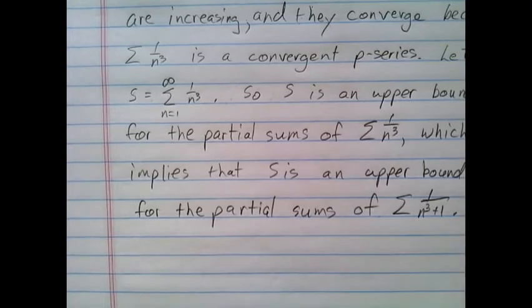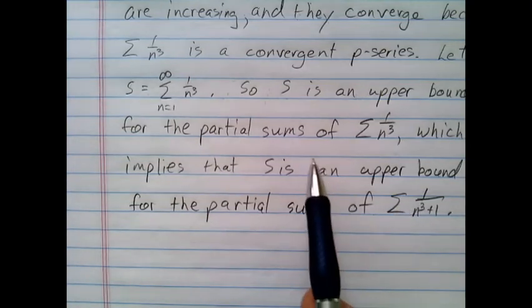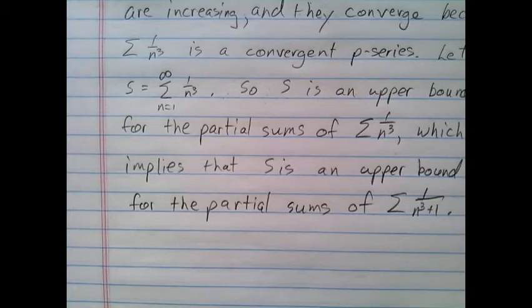Now what that does for us is it allows us to say, if the partial sums of this series are bounded by whatever the sum of the B series is, but they're also increasing because the terms are also positive, then we can use the monotone convergence theorem to say, hey, this series has got to be convergent.